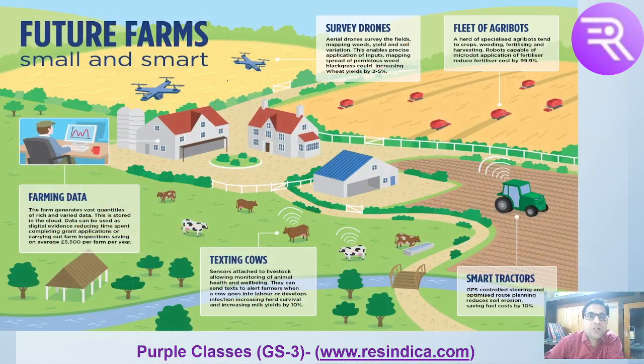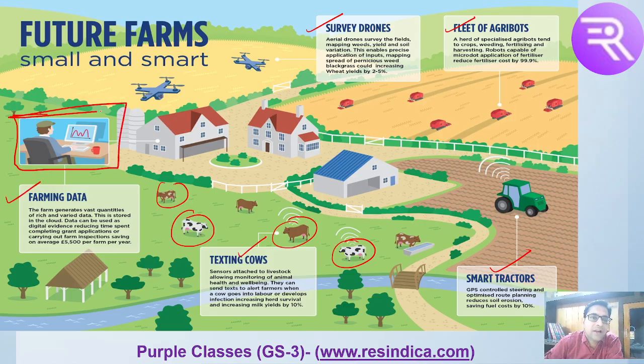So this is a future farm, small and smart. Survey drones, a fleet of agribots, smart tractors, a texting cow. Here the cow will be attached to sensors. Farming data is integrated, and then more informed decisions can be taken. So this is the future farm, small and smart, that we want to achieve.